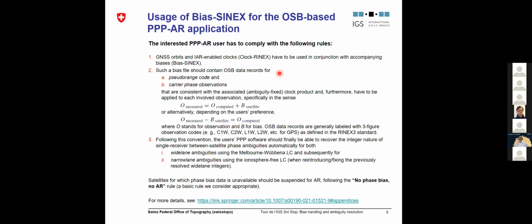And they have to be applied following the equation here. So measurement equals the computed measurement plus the bias, or alternatively, depending on the user's preference, measurement minus the satellite bias gives the computed value.